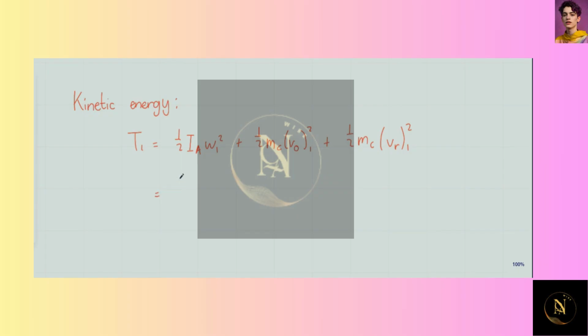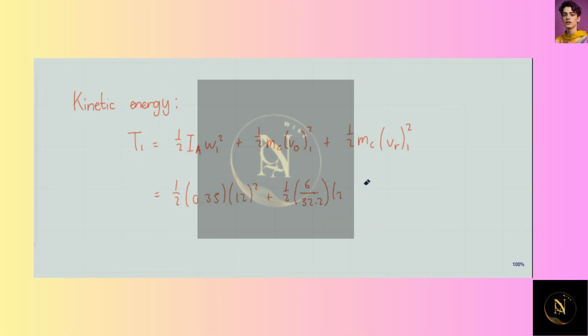So we can substitute our values in here. So this is a half into 0.35, again we'll suppress the units, times 12 radians per second squared, plus a half times the mass of C, which is 6 pounds over 32.2 feet per square second, times V naught squared, which is R squared, 2 feet squared.